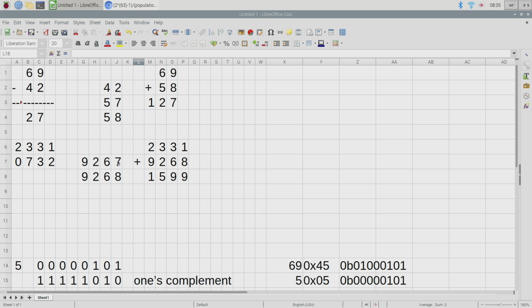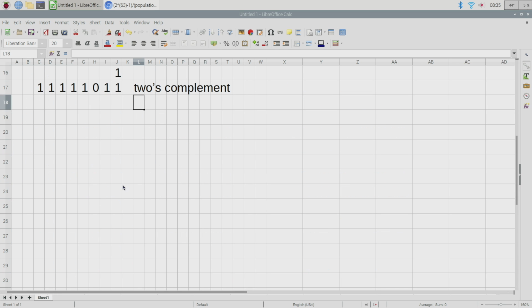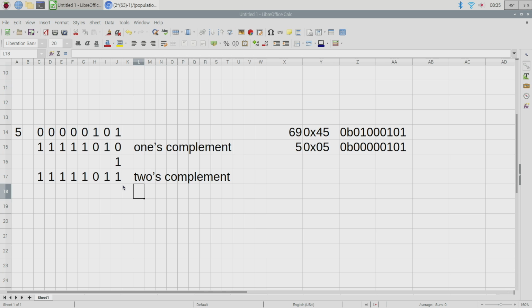Let's say that digit had been a 9. I would have added 1 and I would have had some carrying going on. I didn't in this case, but I only add 1 and then just do whatever the arithmetic demands. So that's the trick: flip all the bits and add 1. Okay, good?